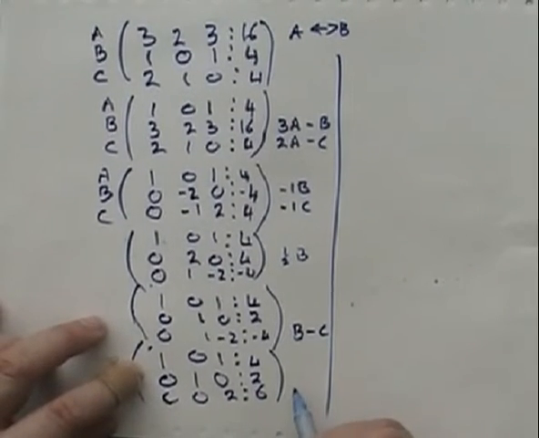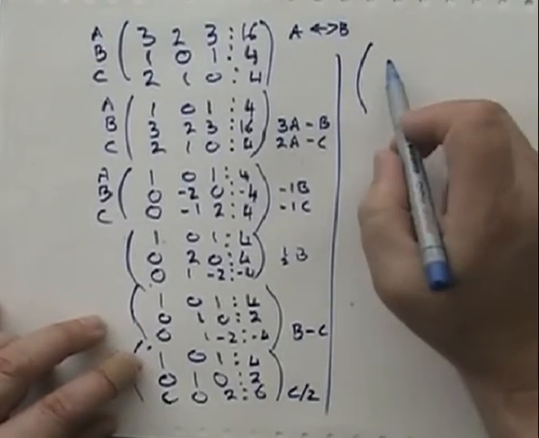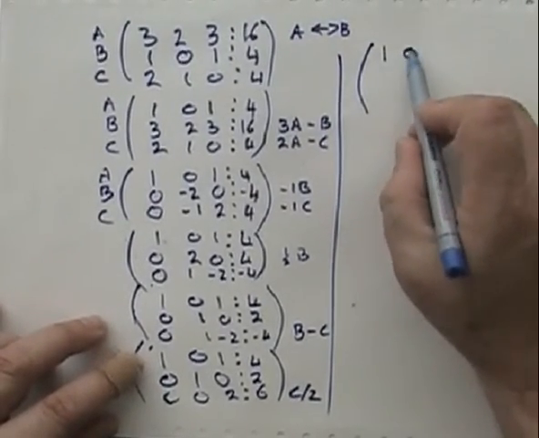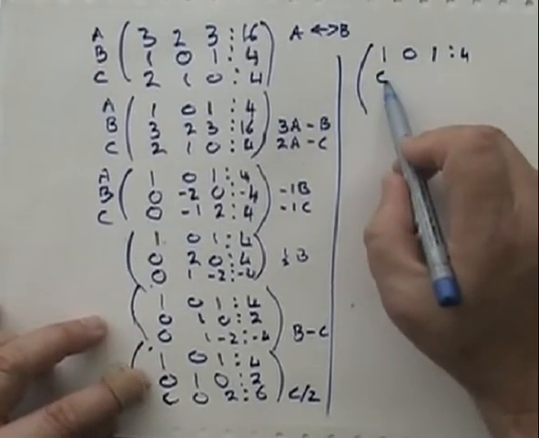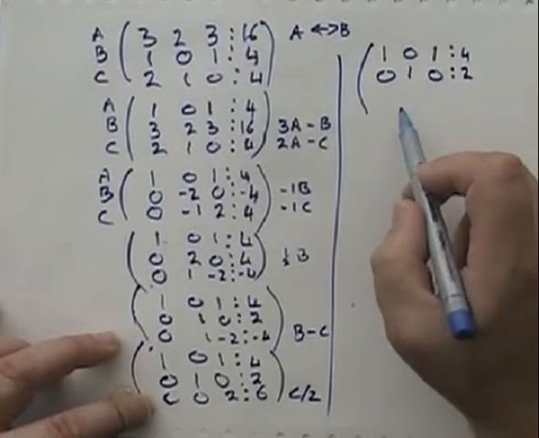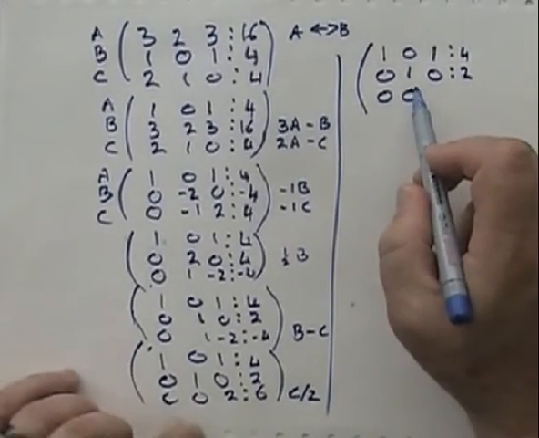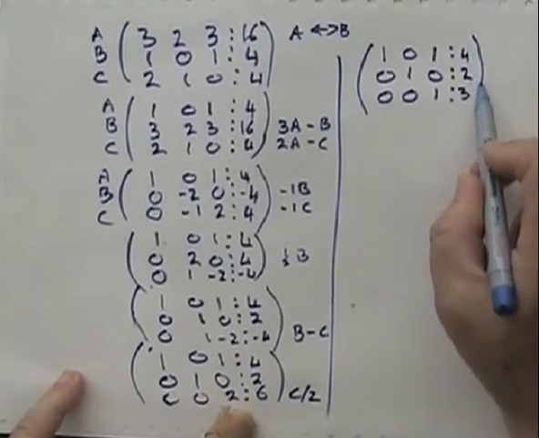So I'm going to go row C divided by 2. Let's go see what we've got. 1, 0, 0, 4. 0, 1, 0, 2. 0, 0, and dividing this by 2, 1, 3.